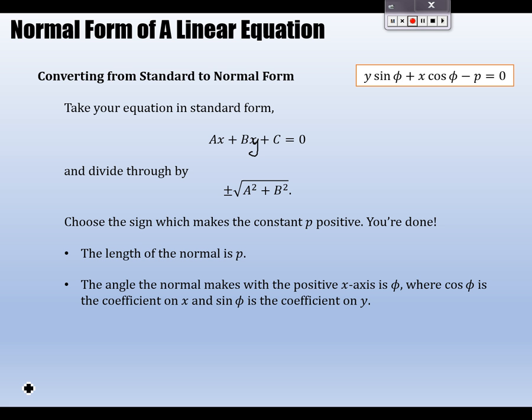Then the coefficient on x will be the cosine of your angle, the coefficient on y will be the sine of your angle, and the constant term will be p.